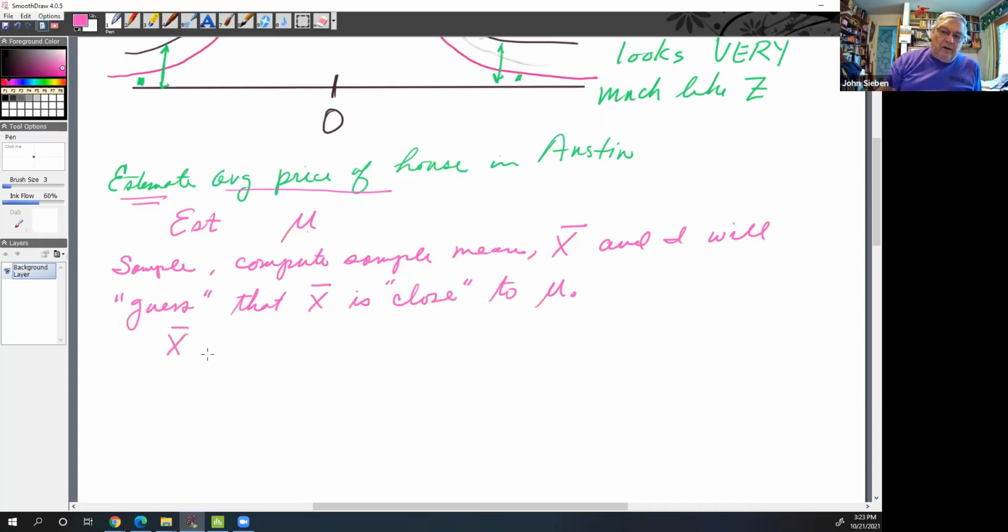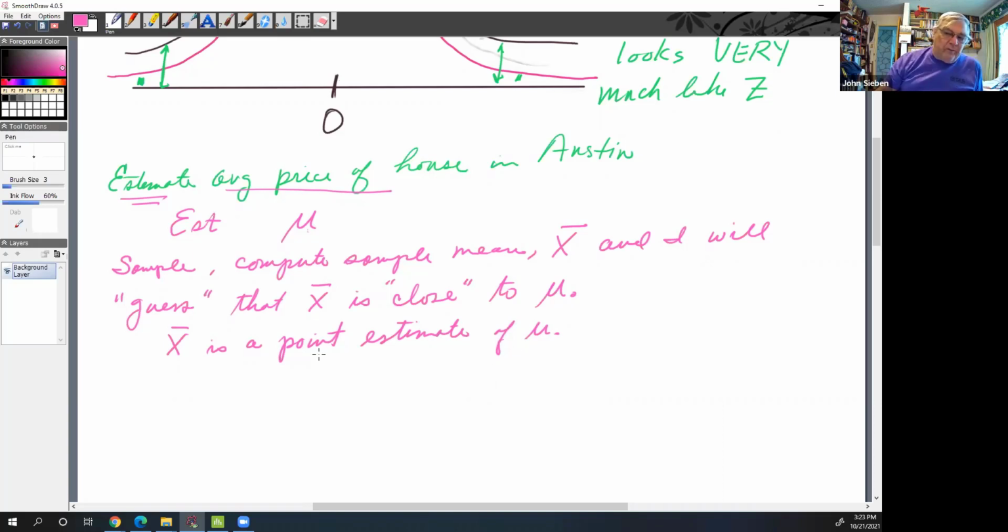X bar is a point estimate of mu. And in fact, it's the best point estimate of mu.